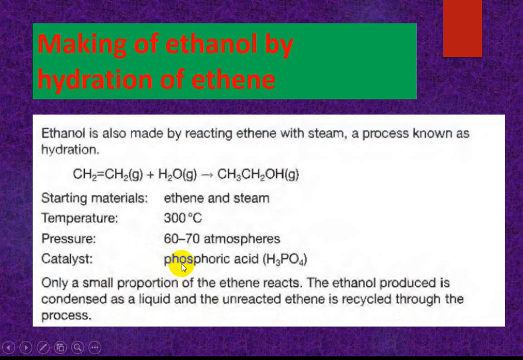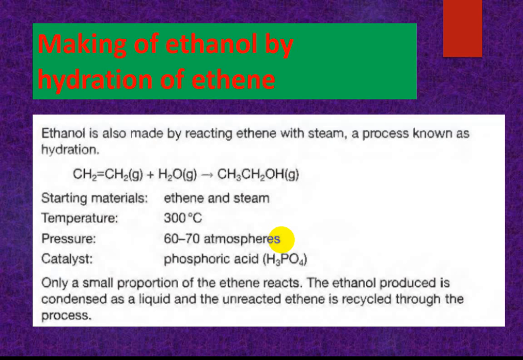Are you watching this? Catalyst, phosphoric acid. What is the temperature? The pressure? 60 to 70. Starting materials? Ethene and steam. Okay, good.